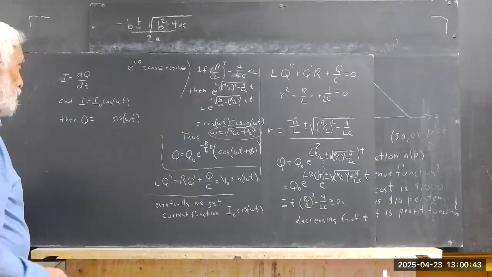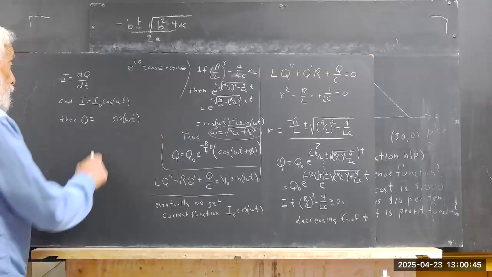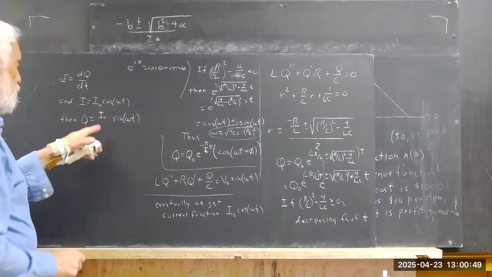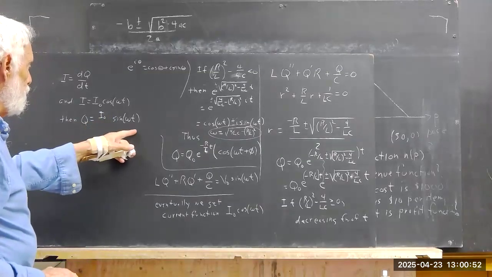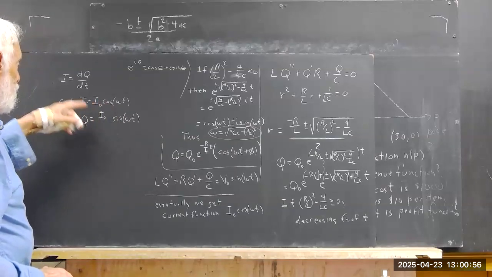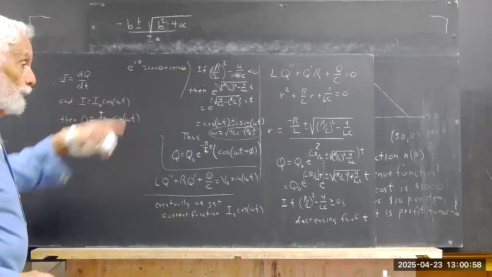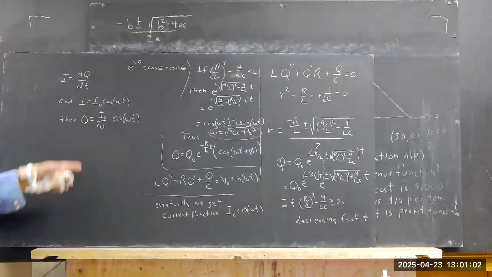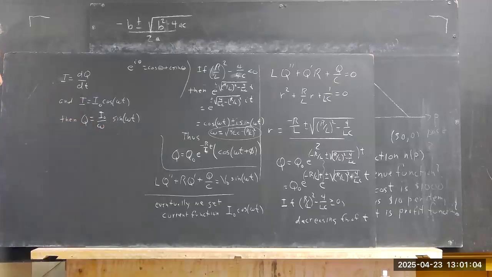Now I naught is just a constant, so you're going to have an I naught in there. But the derivative of I naught sine omega t is omega I naught cosine omega t, not I naught cosine omega t. So you better have an omega here. And you can verify that the derivative of this is this.